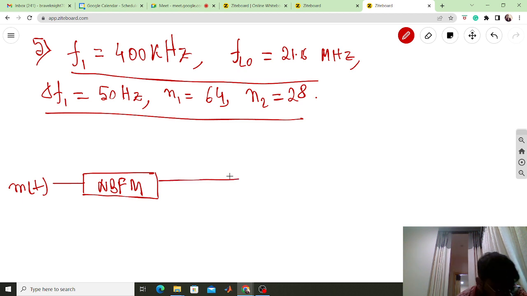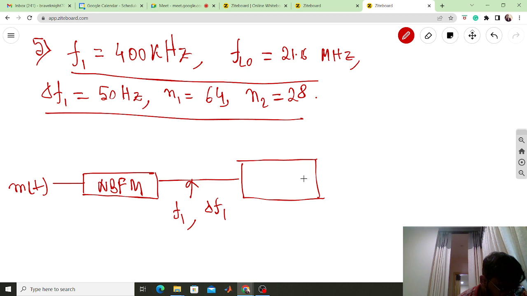After that, it's a mixer of F1, that is in the Armstrong FM, and then there is a frequency multiplier by N1 times.